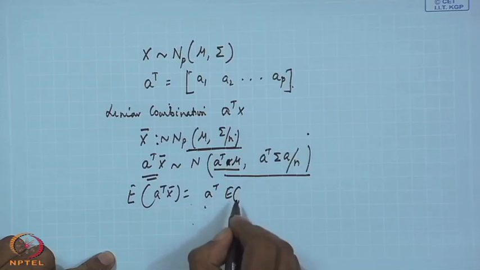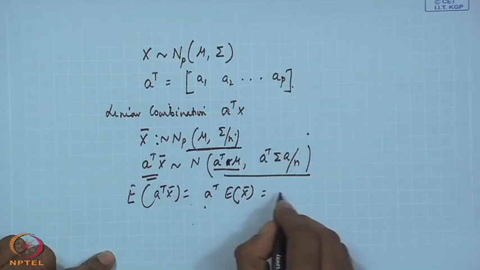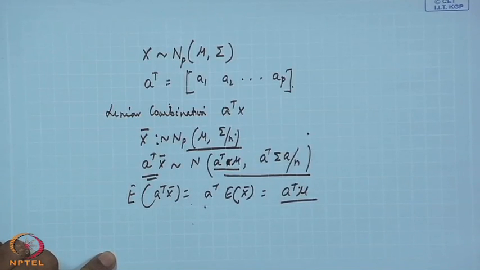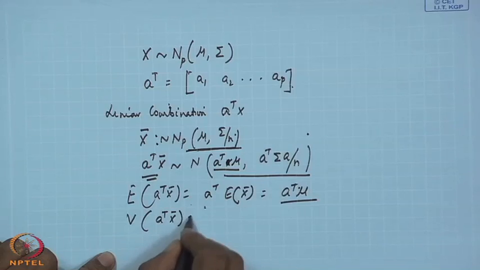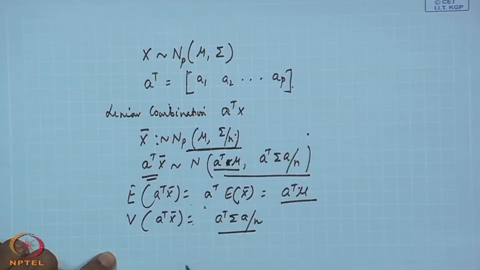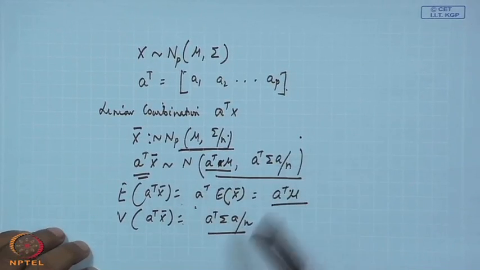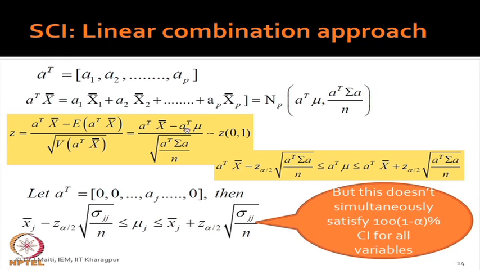Also you have seen earlier that the variance of A transpose X bar will be A transpose sigma A by n. And as we have taken this quantity A transpose X bar minus A transpose mu, this is your Z distribution. In the second line, second row, is it NP or N? It is N, this is N, not P. That P is a cut and paste problem. Okay, so Z is univariate normal, because the property says that a linear combination will be univariate normal.